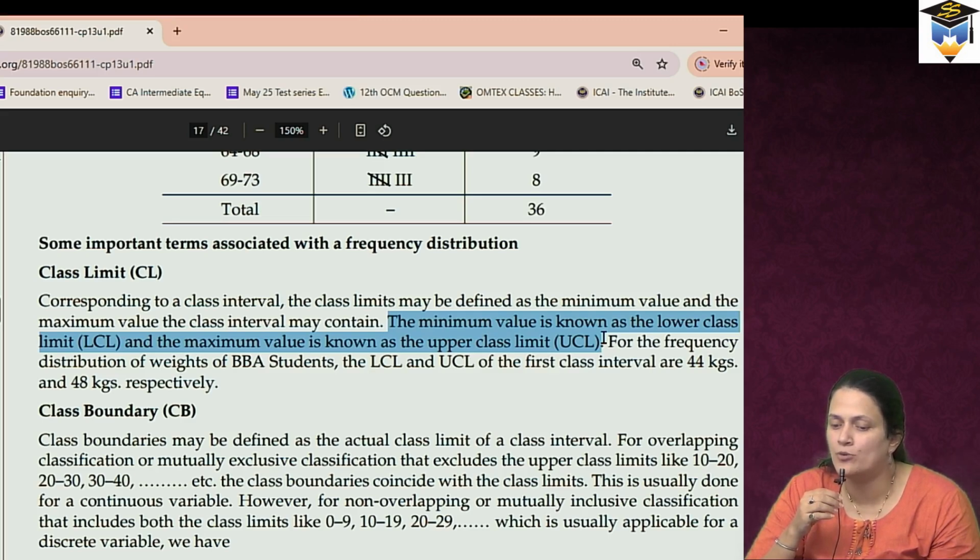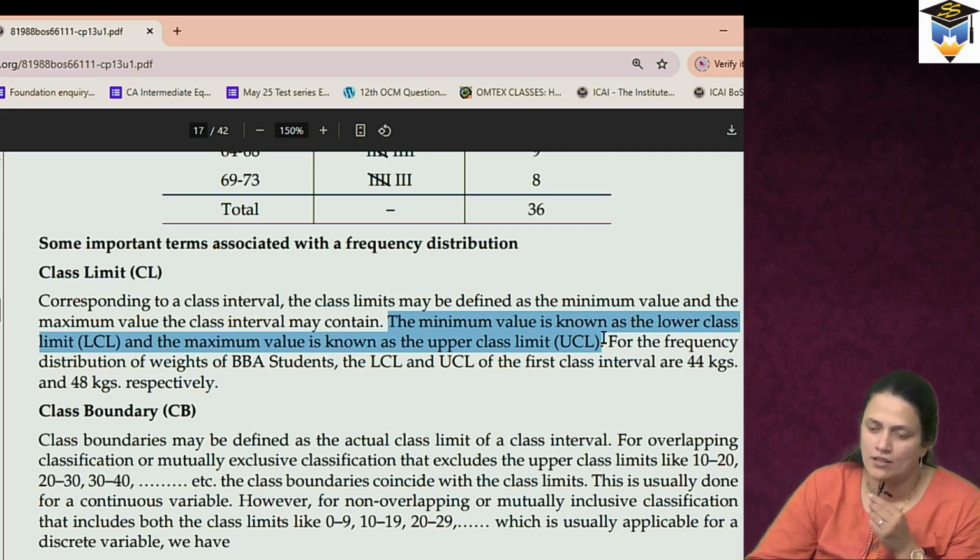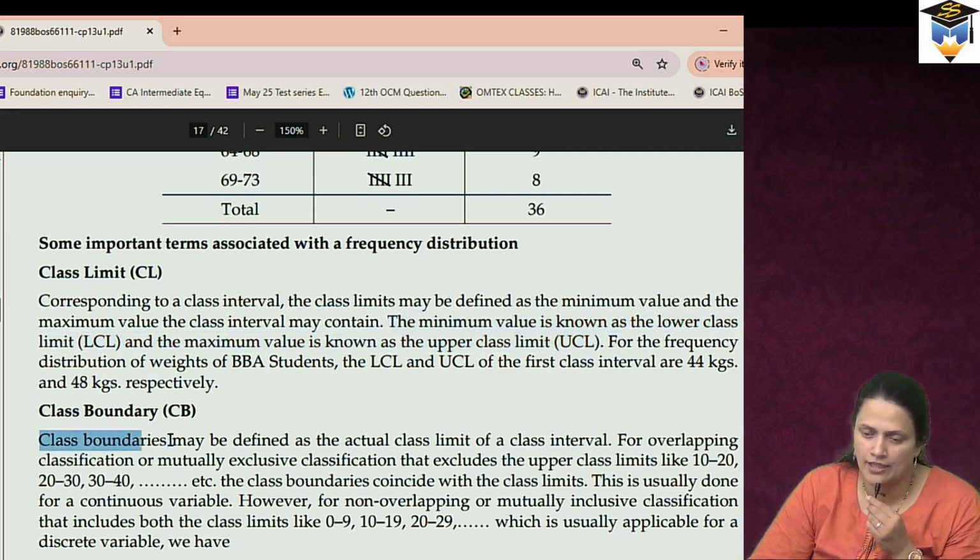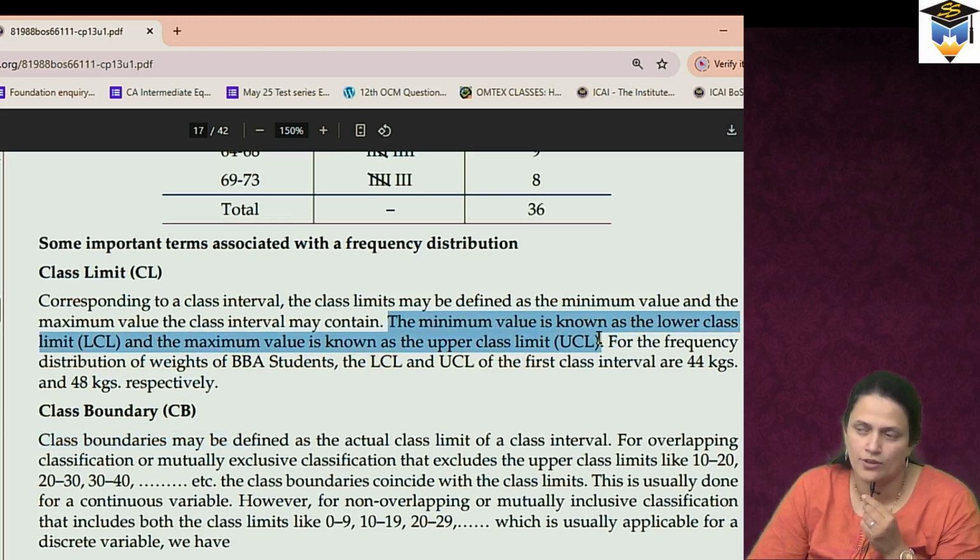Next is the class boundary. Write down the next heading. About class boundary, it is defined as the actual class limit of a class interval.